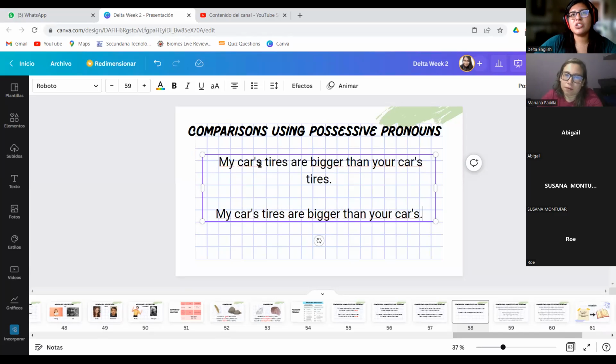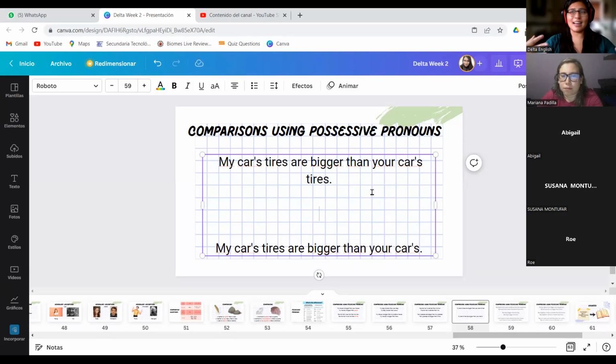Las llantas de mi coche son más grandes que las llantas de tu coche. Esto de aquí es llantas. Y entonces, en teoría, si yo siguiera la regla, debería decir algo así como, my car's tires are bigger than its. ¿Cierto?